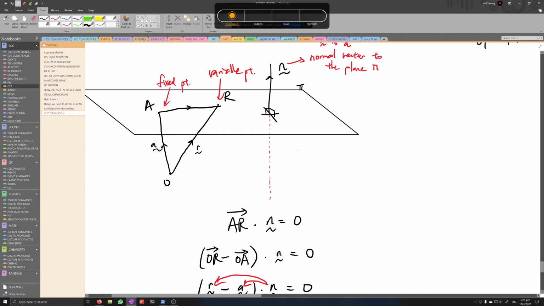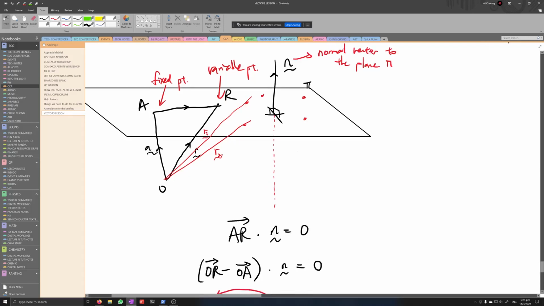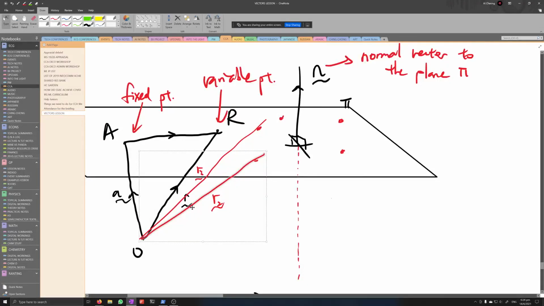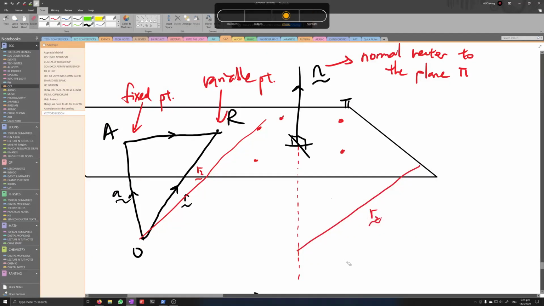If we were to take any point on the plane and draw vectors from the origin to those points, all these r2, r3, and then dot them with the normal vector, we are moving the vector like that.